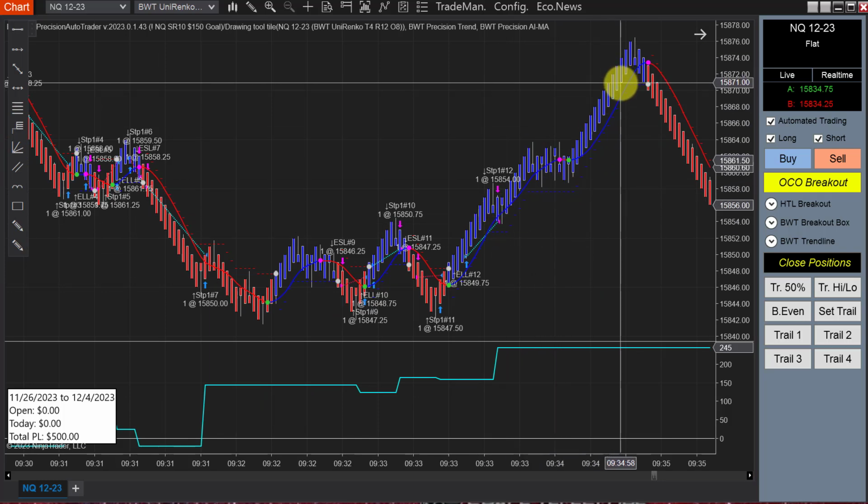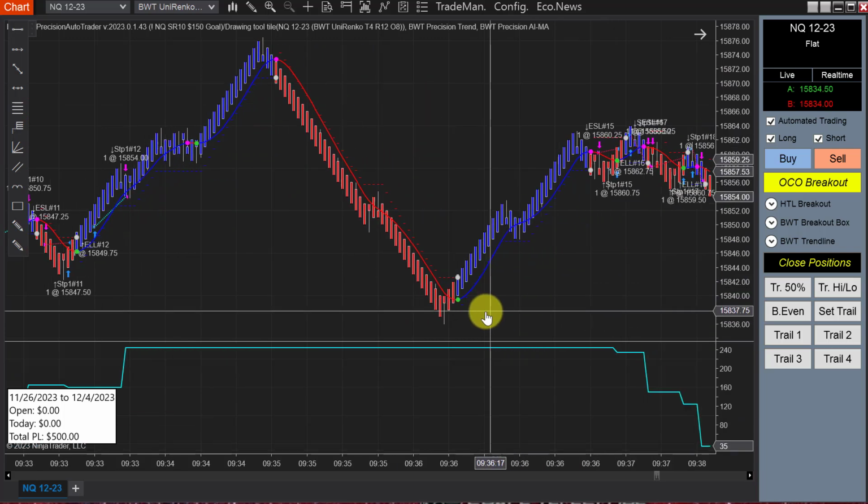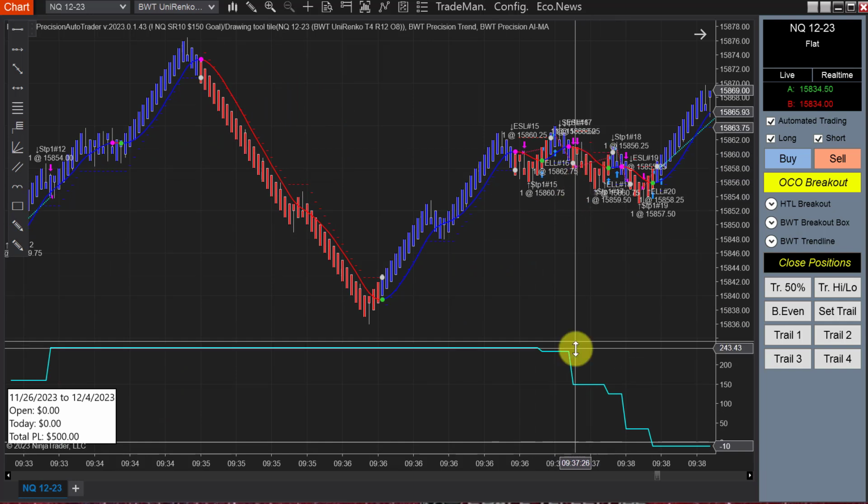It didn't go to the volatility stop up here, and there were some more trades taken, got chopped up around here, but all these losers was only a drawdown of about $200 on a single contract.